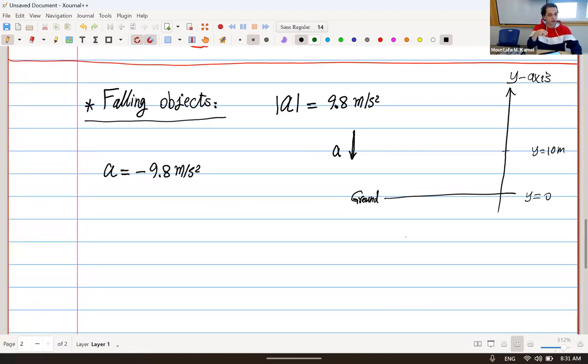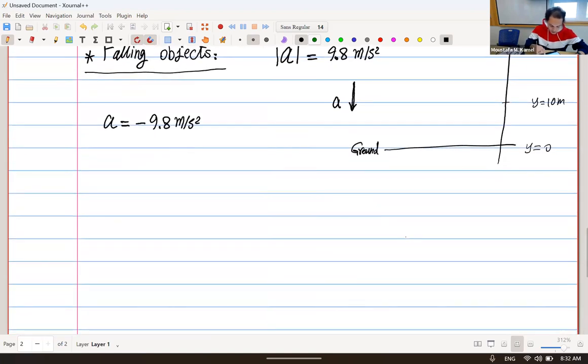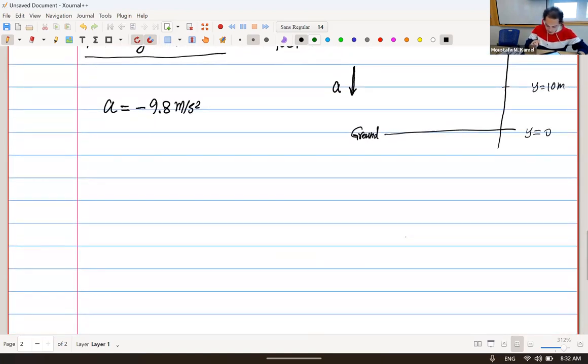If I throw an object upwards, then its velocity initially will be positive. If I throw it downwards, its velocity will be negative. These are important points because signs can mess up your calculations if you don't take them into account properly. So let's actually do an example.